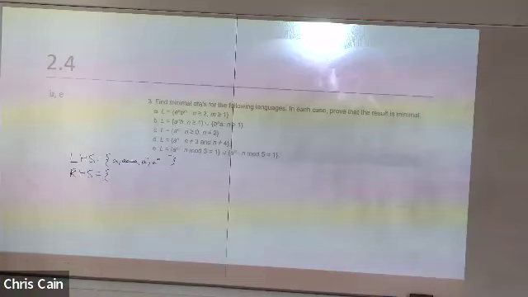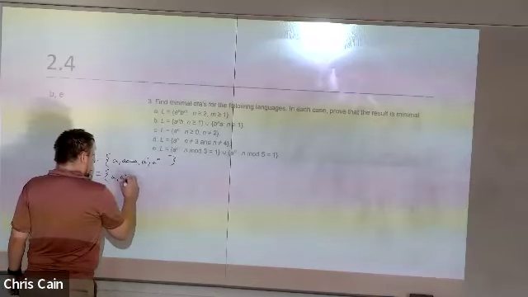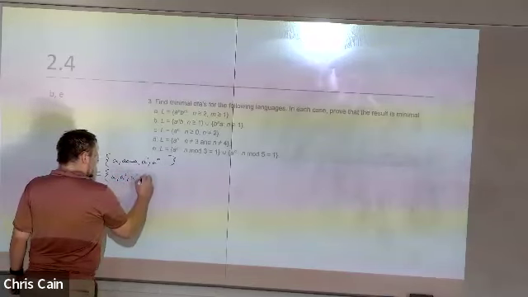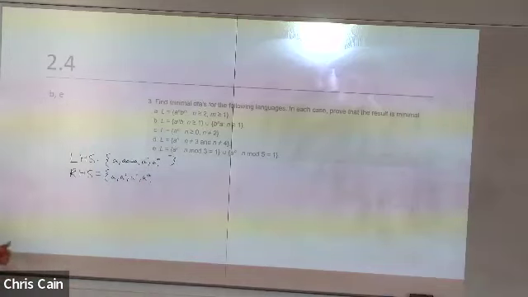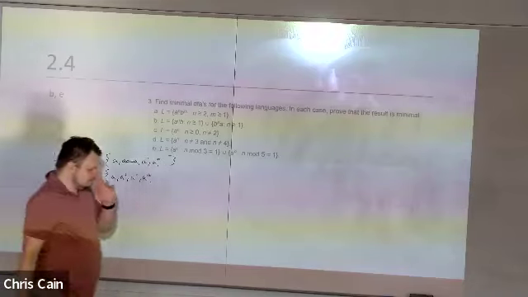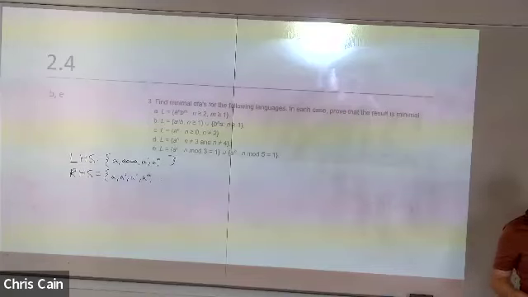Right-hand side, n mod 5 is 1. In this assumption here, there's only A's in the language.